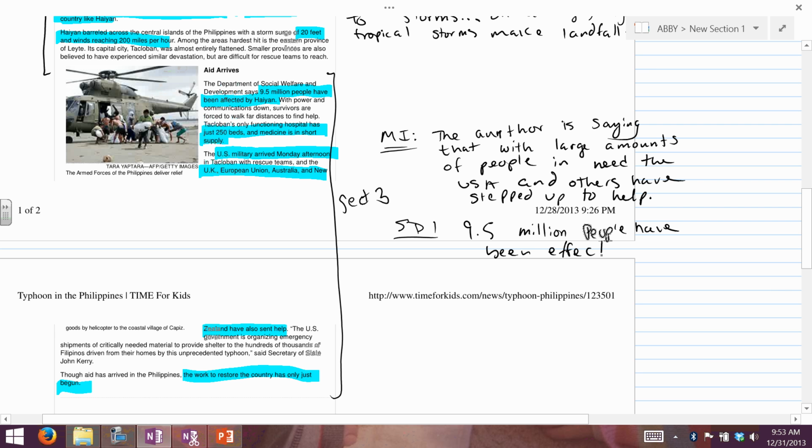And also, the fact that supporting detail 2, the USA, UK, EU, Australia, and New Zealand have helped.